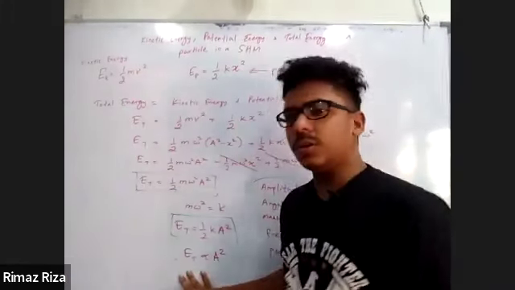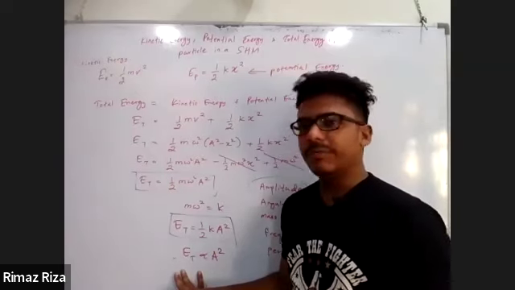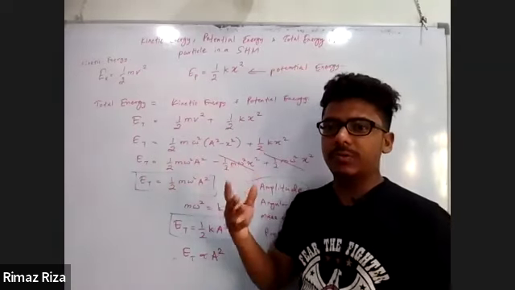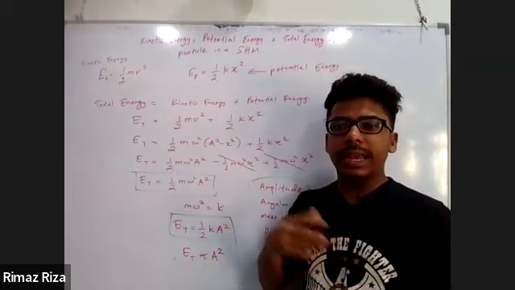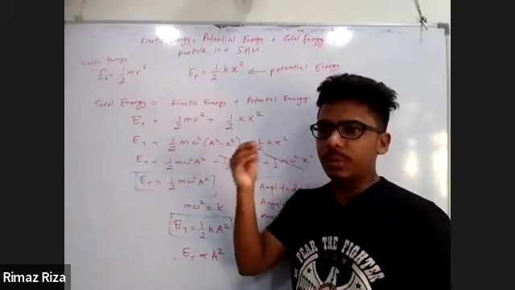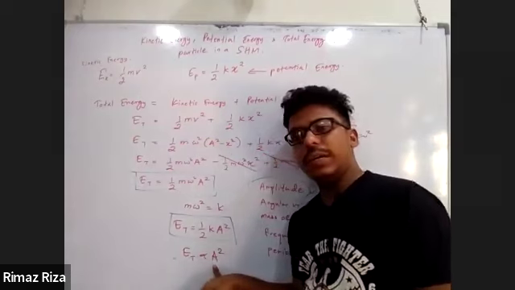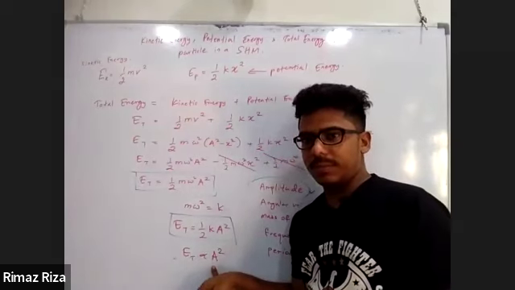This relation is not only true for particles, it is also true for fields, like the electric field. For example, electromagnetic waves have vibrating electric fields, so the energy of electromagnetic waves is also directly proportional to the amplitude squared.